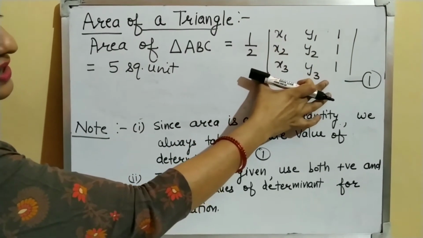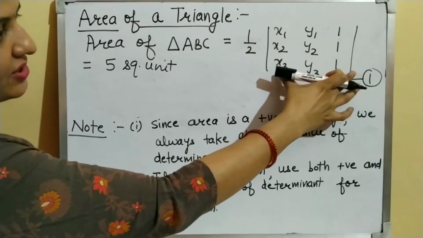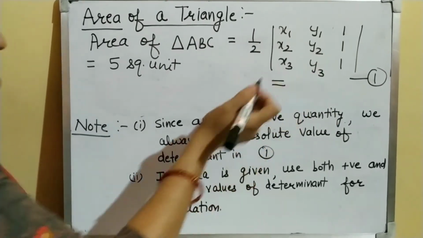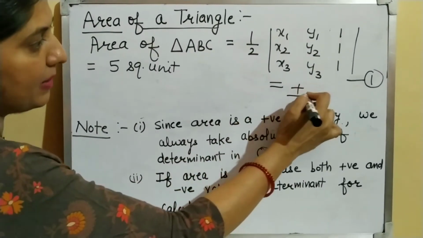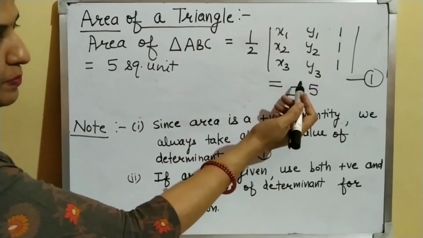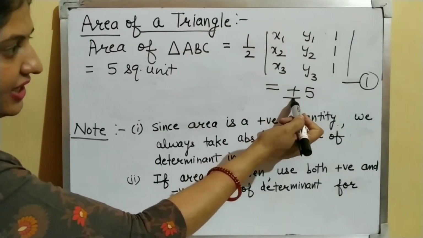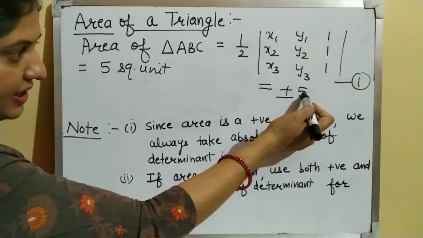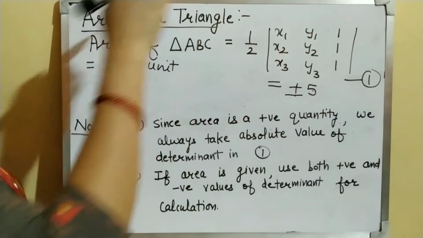When you use this expression, write the value of the determinant is equal to plus minus 5. Means you have to use both positive and negative value of the determinant for calculation.